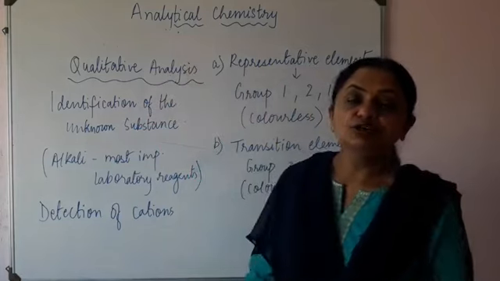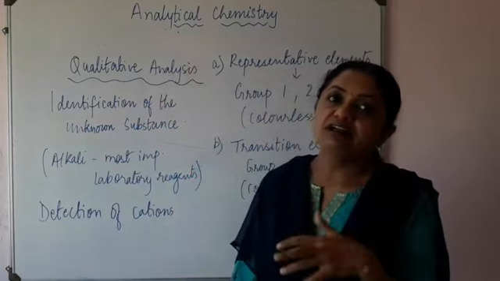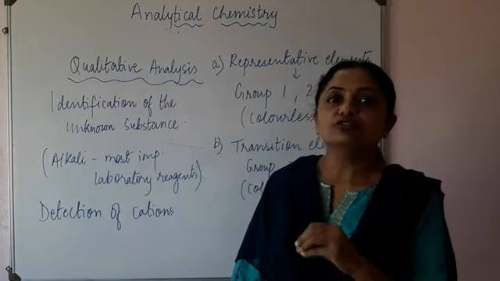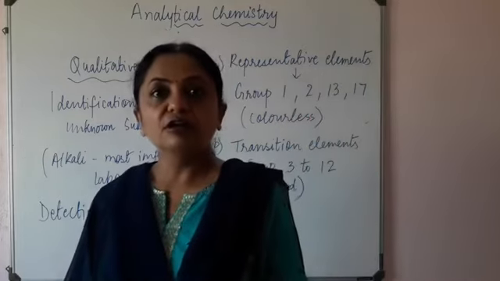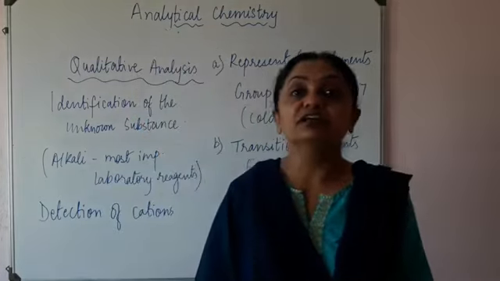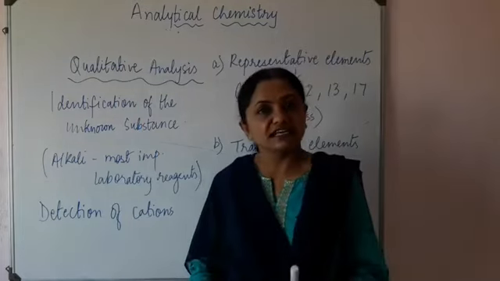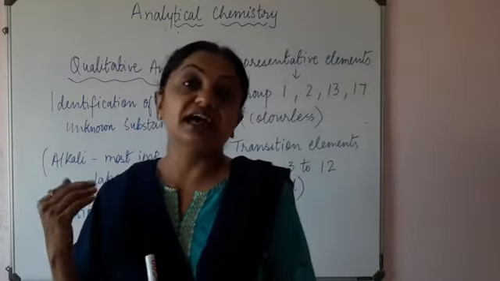So we will study the action of alkali on metal salt solutions to detect cations, and we will get a colored precipitate, and by that we will be able to know which cation is present in the salt. Similarly, later on we will find which anion is present.